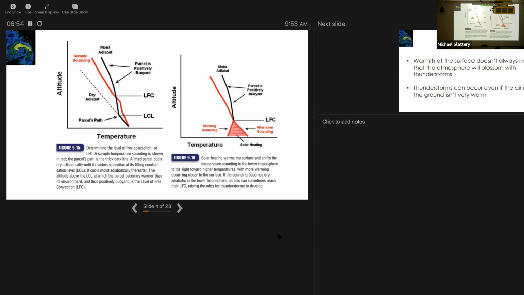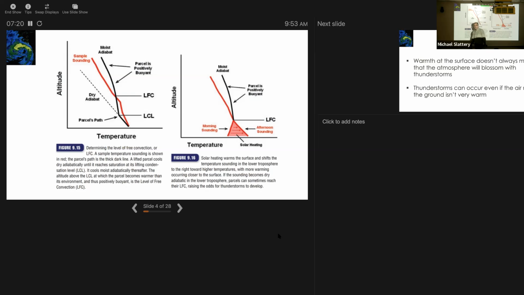One of the easiest ways to do that is afternoon heating, right? If you heat the ground, and I talked a little bit about this last time, I know it's been a week or two, your morning sounding could look like that. You may actually have an inversion here at the surface, which is extremely stable. But if you go through afternoon heating, the surface temperature might look like that.